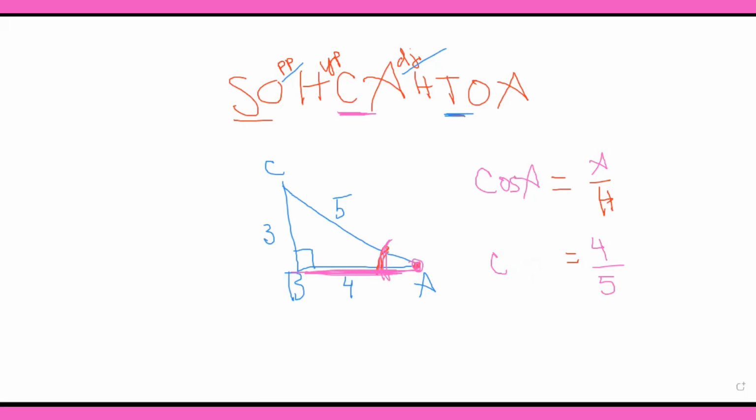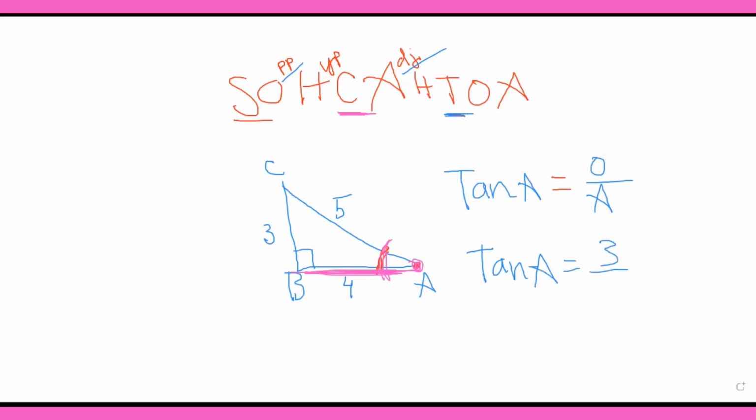So now let's go back to tangent. So if we were to do tangent of A, TOA, tangent is opposite over adjacent. So for us, tangent of A, opposite is 3 and adjacent is 4, opposite over adjacent. So in our case, tangent of A would be 3/4.